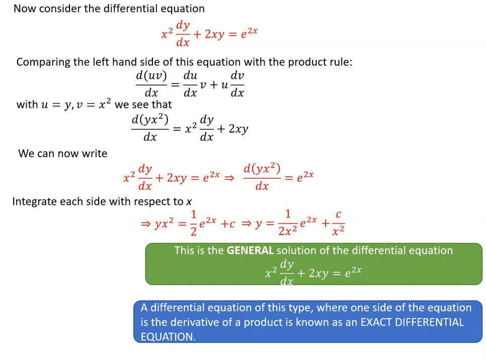And when this is the case, we say that we've got an exact differential equation. And if that is the case, solving the differential equation basically relies on us being able to integrate the right-hand side of the equation.